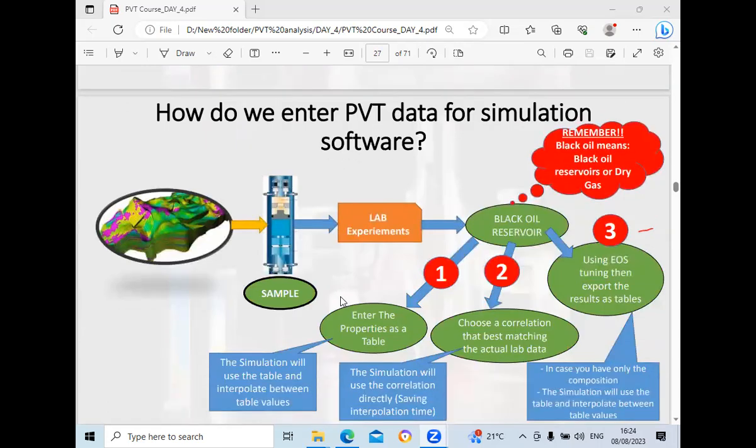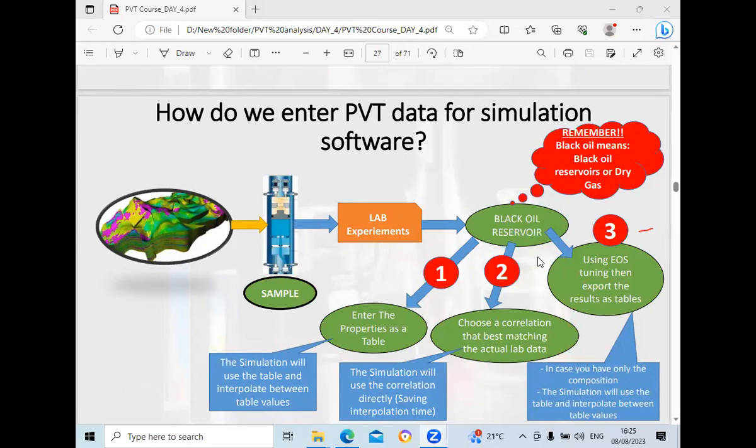So what are the various fluid types that we may have after laboratory experiment, and how can we use them to be able to produce a PVT model of the various fluid? If I collect a fluid from the reservoir and I sample it in the laboratory, if at the end of the day it proves that we have a black oil reservoir, which we have already explained, this black oil reservoir could be a black oil or it could be a dry gas.